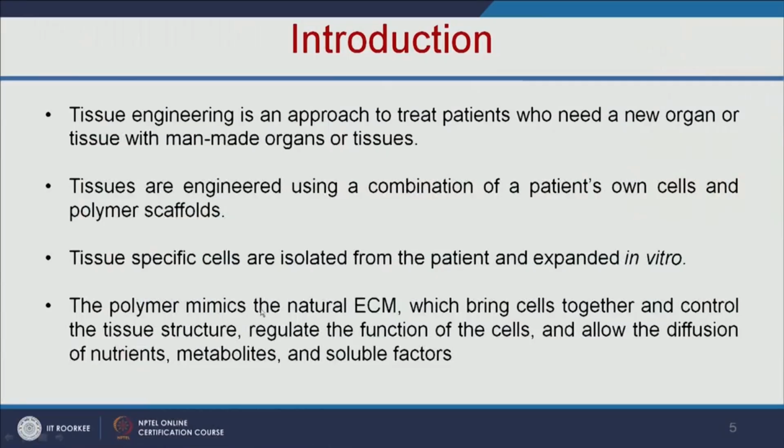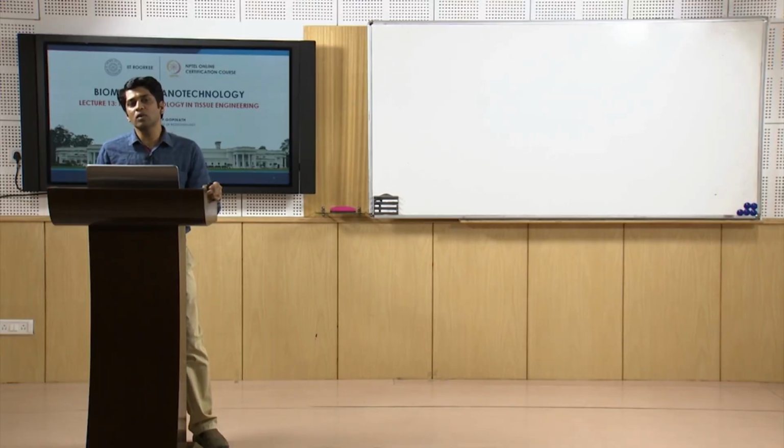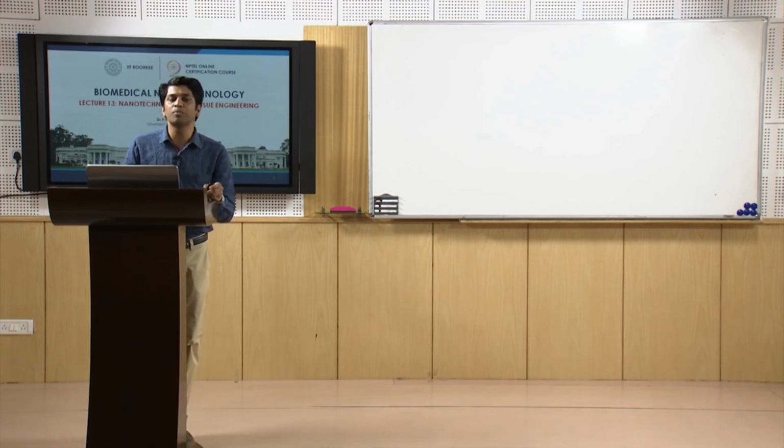The polymeric scaffold will mimic the natural ECM, that is extracellular matrix, which brings cells together, controls the tissue structure and regulates the function of the cells. The scaffold acts like a support and allows the cells to grow. It also allows the nutrients to permeate through the porous structure of the extracellular matrix.